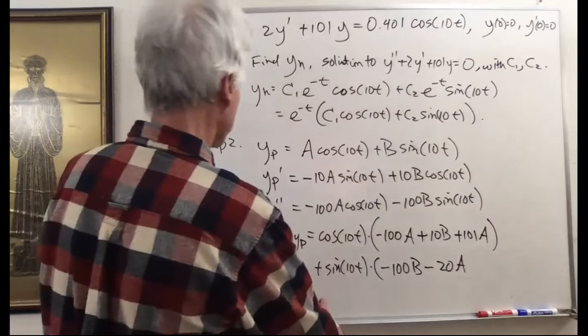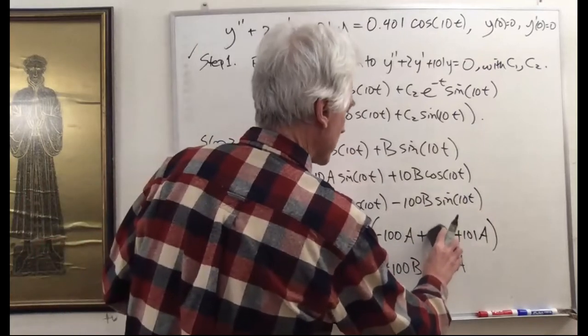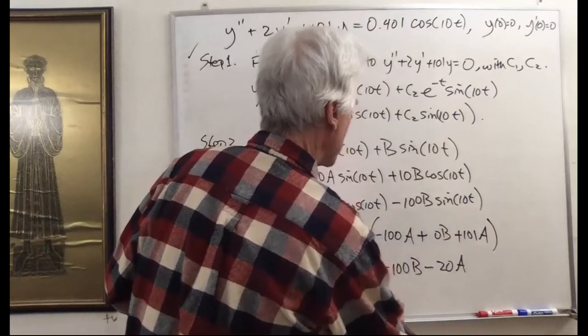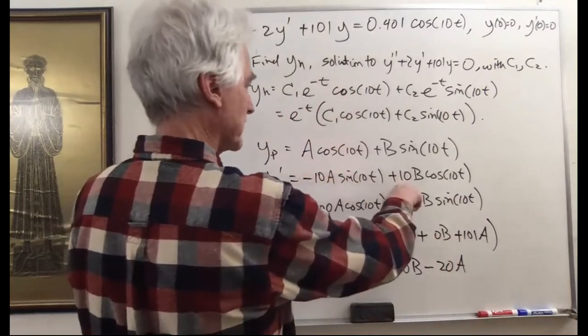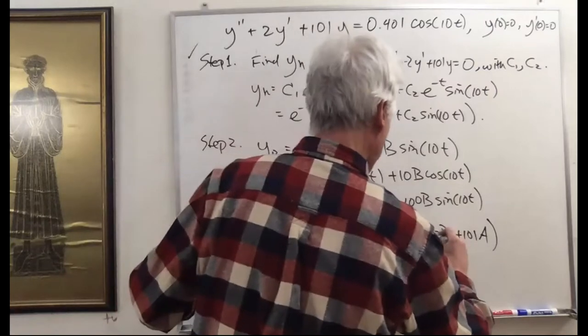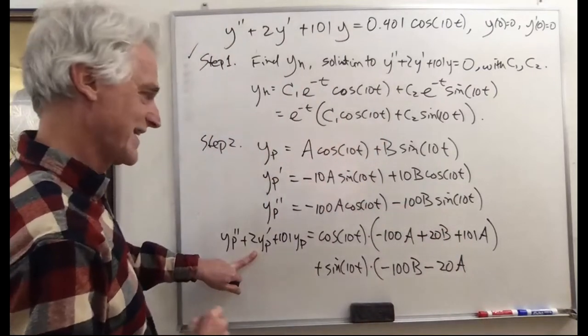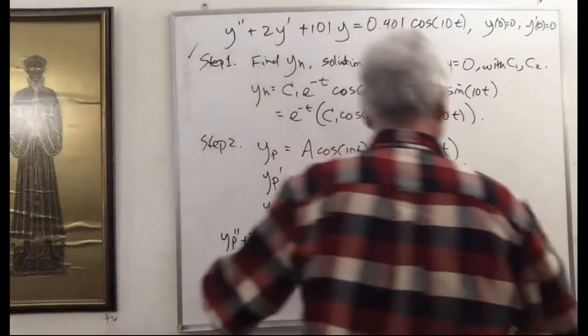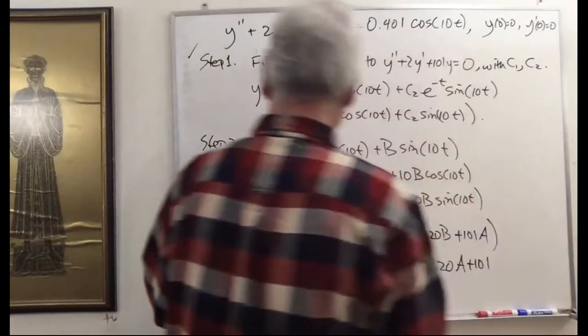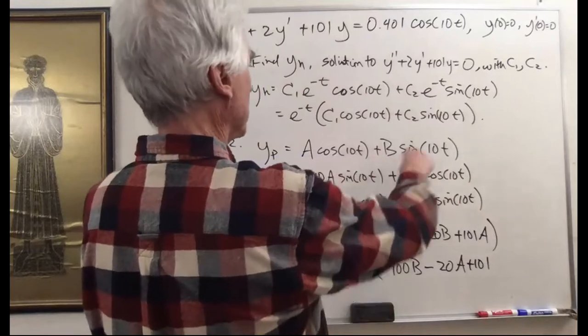Oh, by the way, I screwed up before. That's a 20. The 2yp prime gives me 2 times 10b, that's 20b. Okay, watch me like a hawk here. Then I also have plus 101 times yp, that's the b.